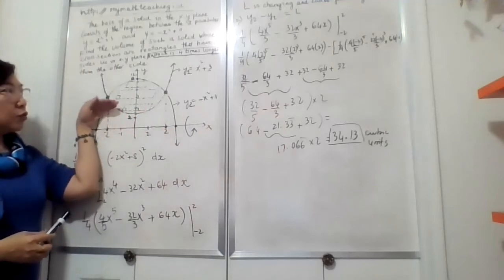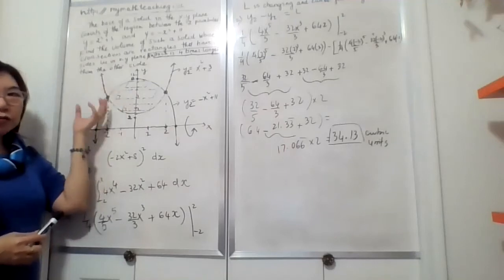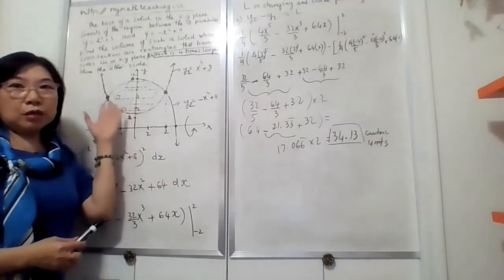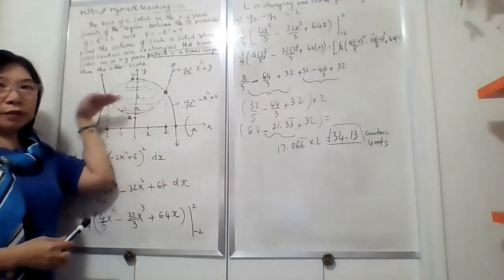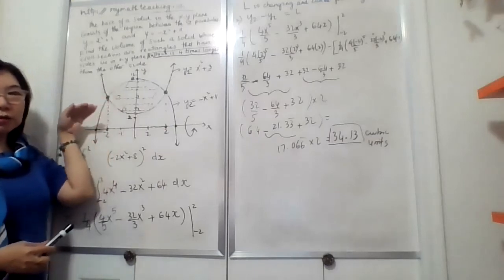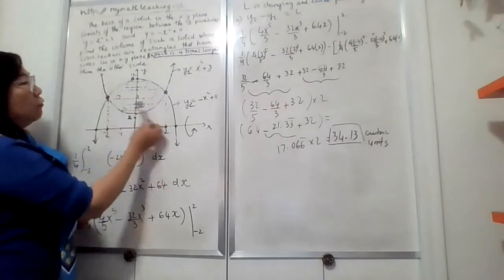And our cross-sectional area today will be rectangles, not discs. Even though we use this method, we're not going to cut it through the disc, but rather we slice it into many slices of rectangle shape.